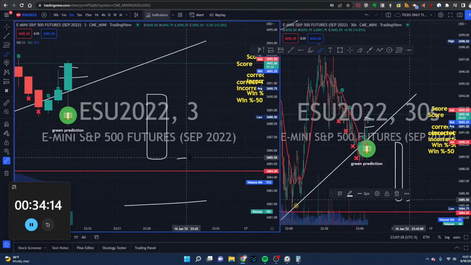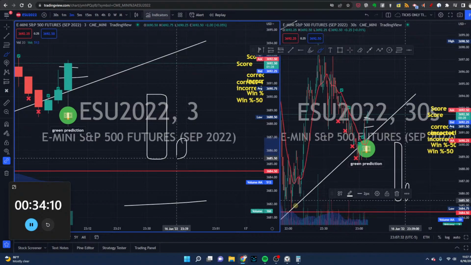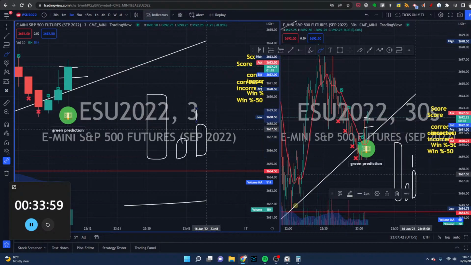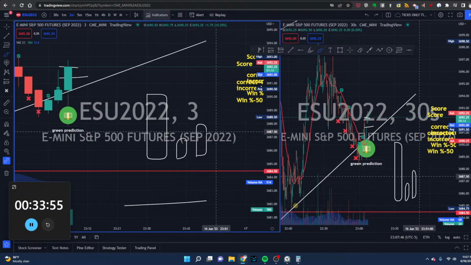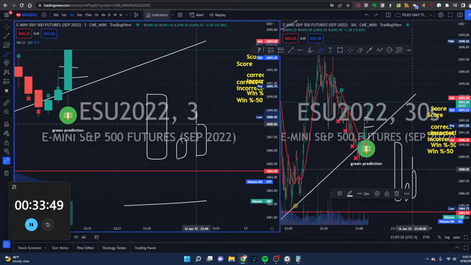At first, it looked like this, fully formed. Then it looked like this. Well, it never looked like that. I can't get in the middle of this because of the grid lines. Anyway, let's just pretend this wick's in the middle. The wick was here in the middle when it formed.